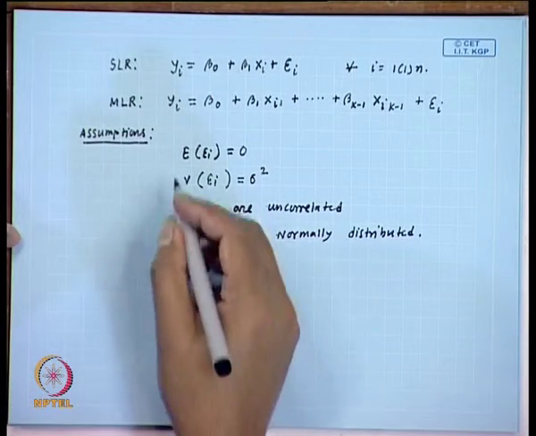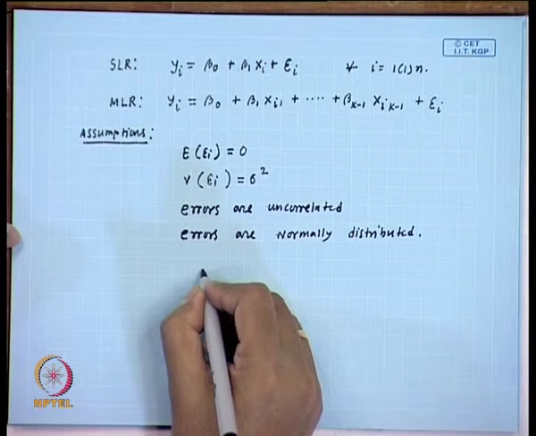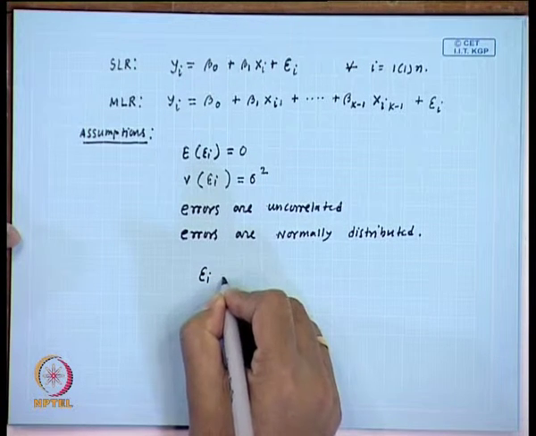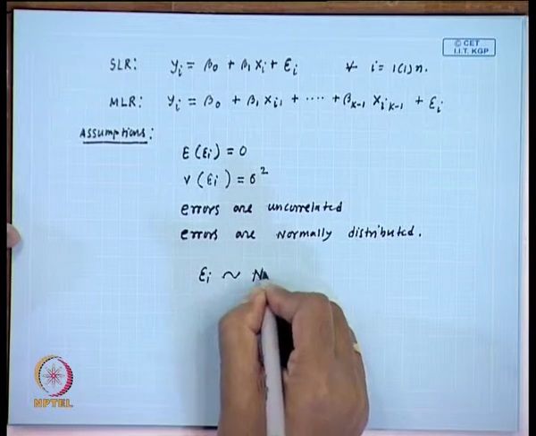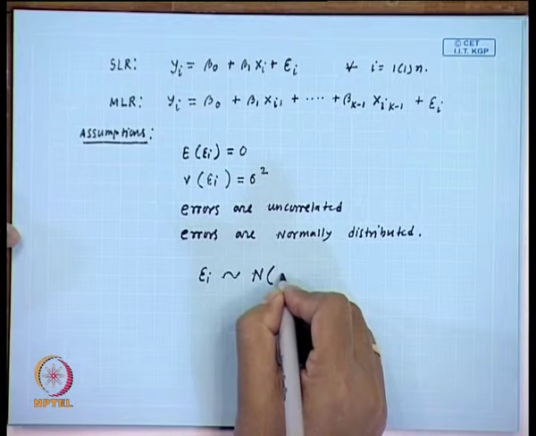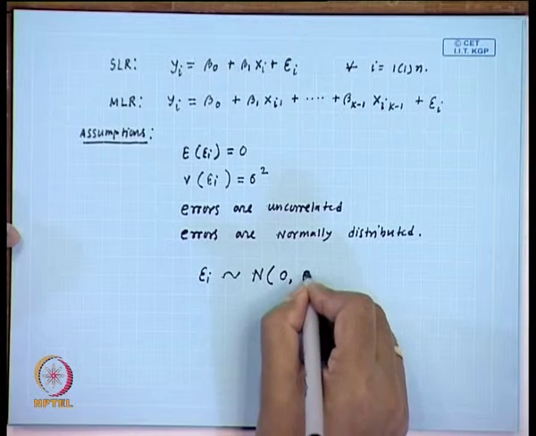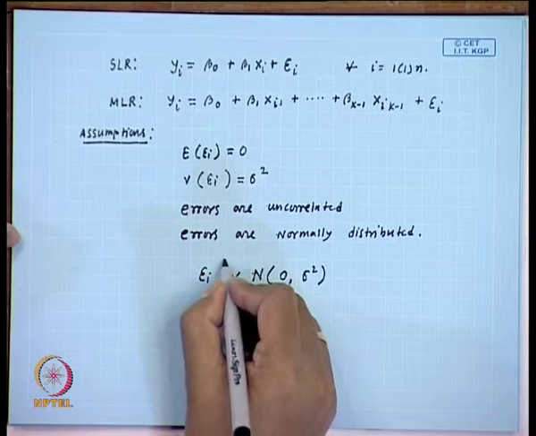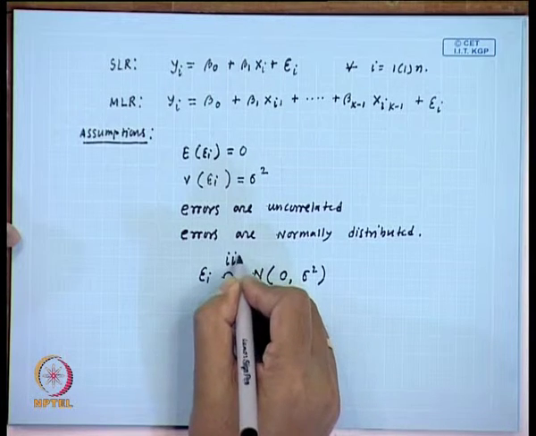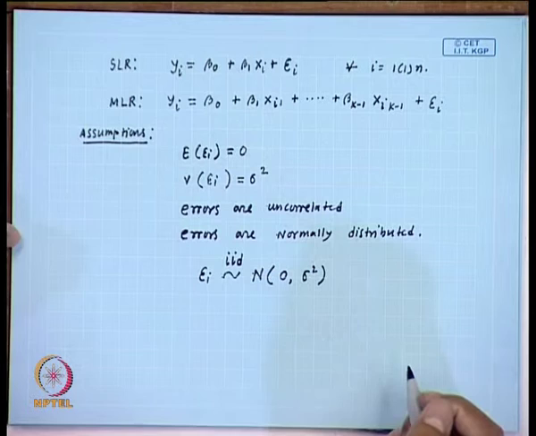Okay, so altogether I can write that epsilon i follows normal with mean 0 and variance sigma square, and they are independent and identically distributed.